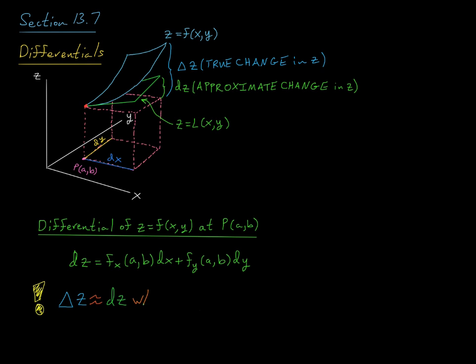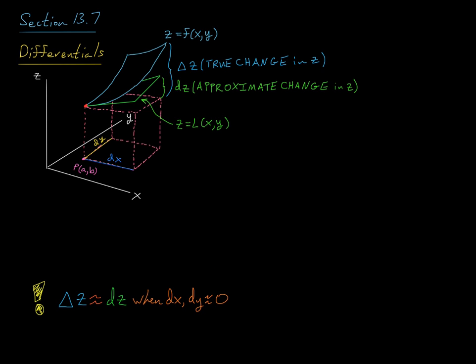Well, when our incremental changes dx and dy are reasonably small. Okay, so this is really similar to that result we wrote down in the intro video looking at Calc 1. Okay, all right, so now let's see this in action.